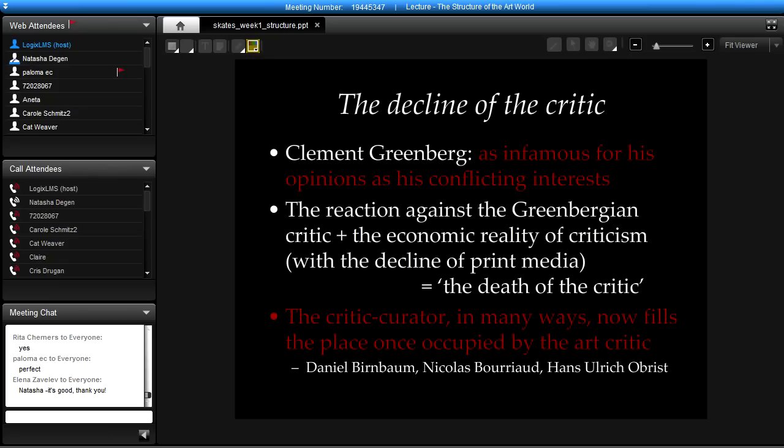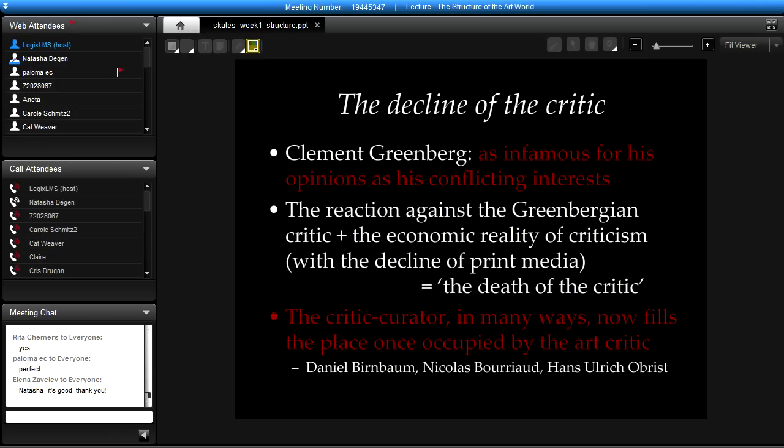He was responsible for promoting particularly abstract expressionist painting that he valued based on its formal properties. And he gained notoriety and fame by being a very, very early advocate of people like Jackson Pollock, Willem de Kooning, Mark Rothko, Franz Kline. So these artists that were associated with American abstract expressionism.